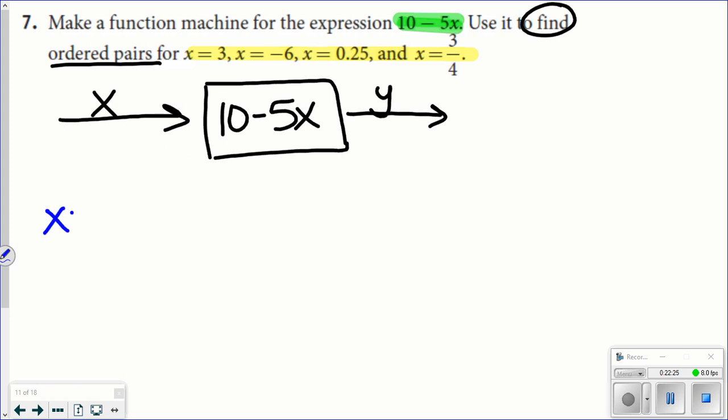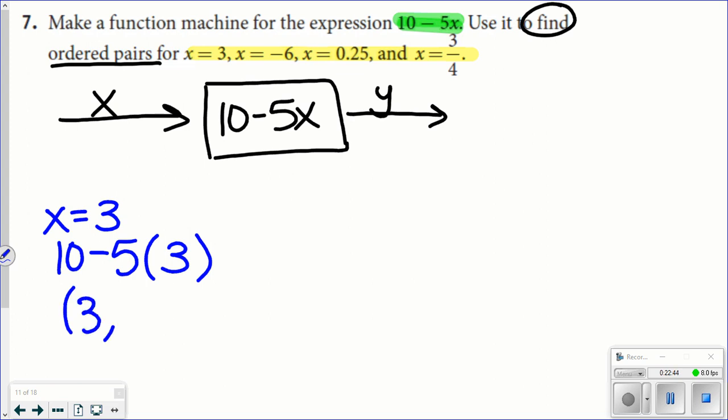So x equals 3 would look like 10 minus 5 times 3. Instead of having an x, remember x comes out and sits on the bench, and 3 is the sub. 3 goes into the game. So plug that into your calculator, and you're going to write your answer as input 3, comma, output, which is your answer, or whatever your calculator tells you. Or you can do some of these in your head.